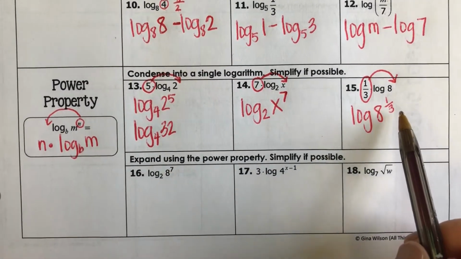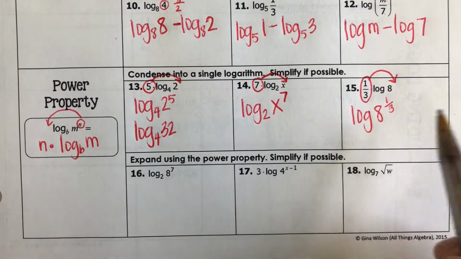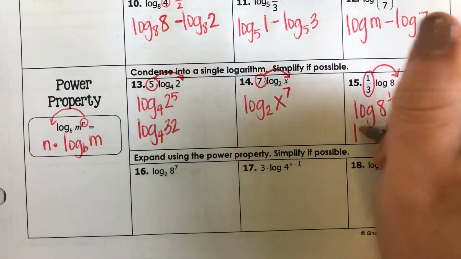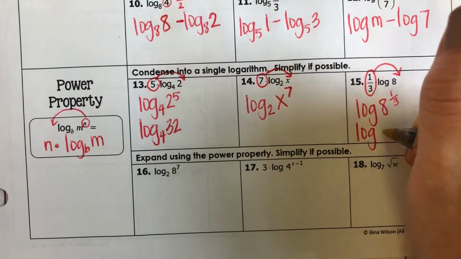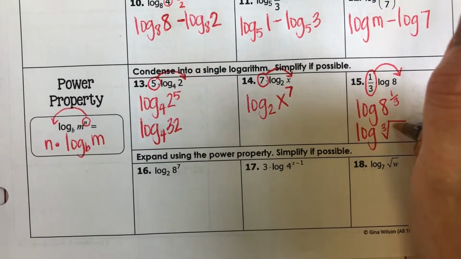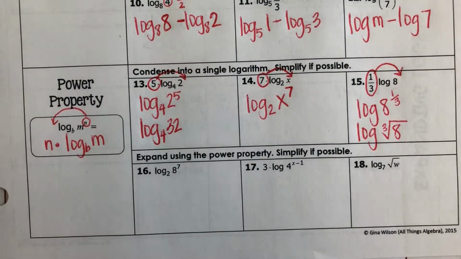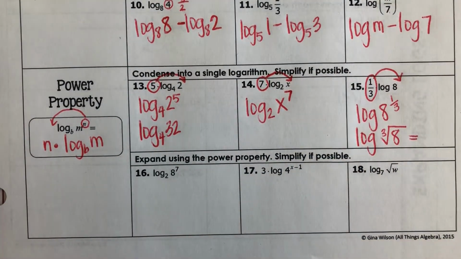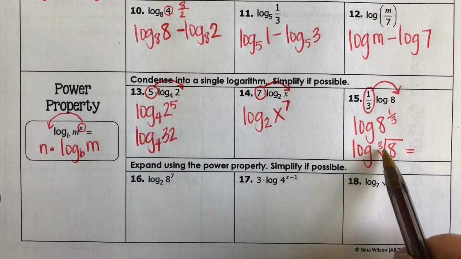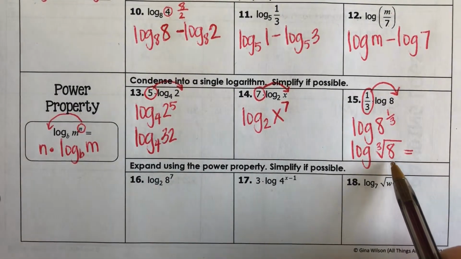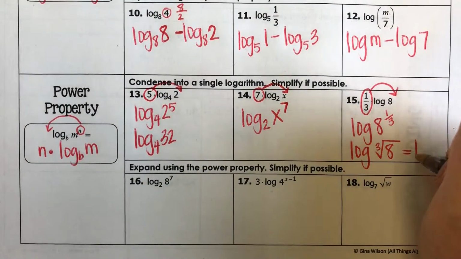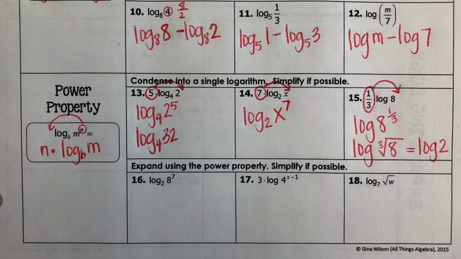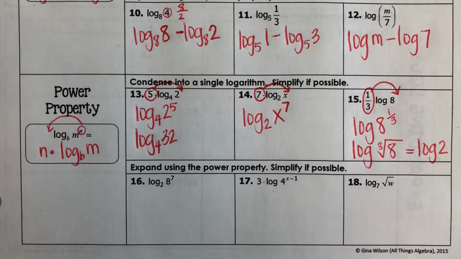And if I remember from the very beginning of the semester, I know that when I raise something to the 1/3 power, it's going to be the same thing as taking the cube root of that number, okay? So I can write it like that, or I can consider the fact that there is a number that I can multiply by itself 3 times to give me 8. And that number would be 2. So I could technically simplify this to log of 2.